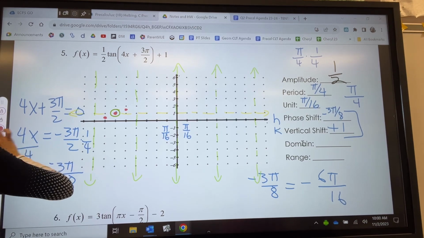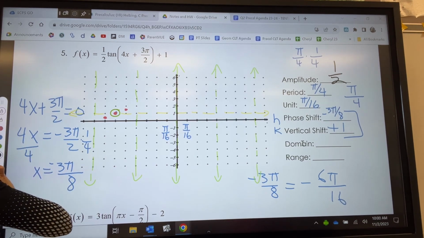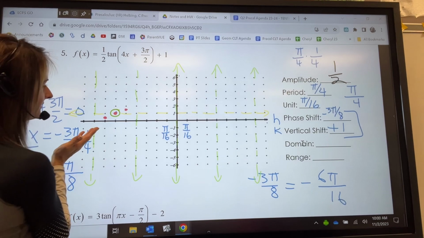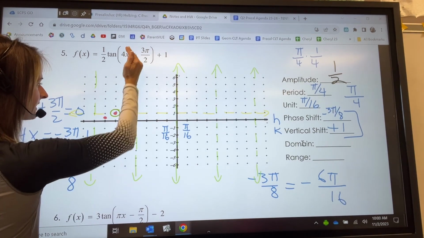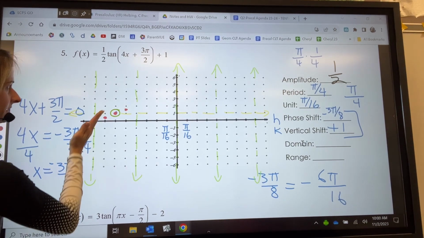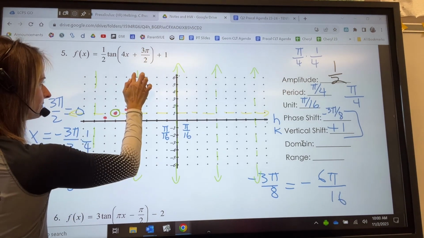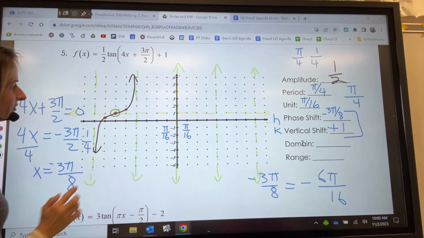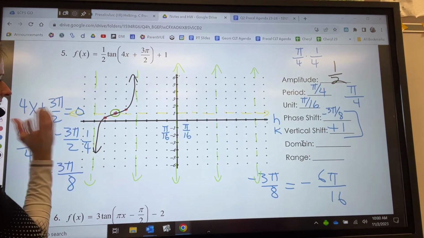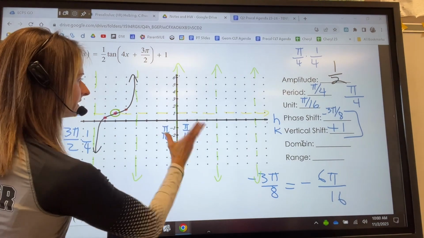Now, I'll just fill it in, and I'll use black. So the graph has to be approaching the asymptote on either side, and we're going this direction since it's a positive tangent. So all the graphs should look like that, and now we can just copy that here and here and here.